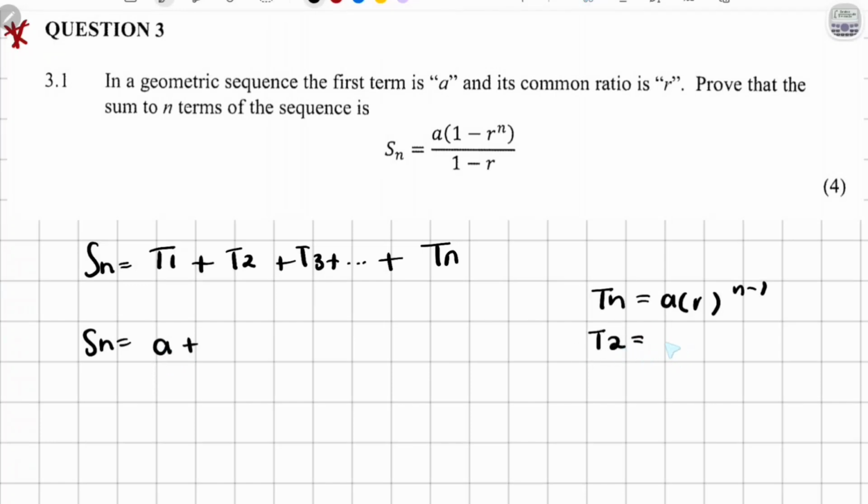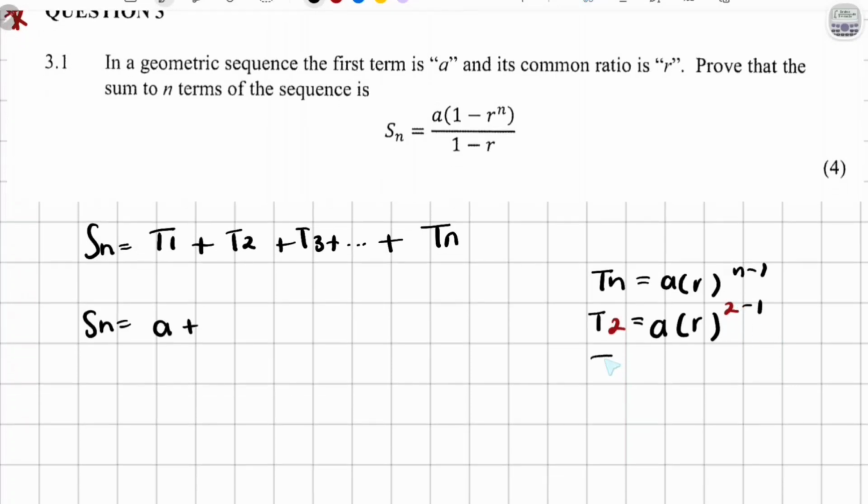But term 2 is equal to a multiplied by r raised to the power of, in place of n, we're substituting 2 because we're trying to find what term 2 is. So 2 minus 1. 2 minus 1 is 1. So term 2 is actually equal to a multiplied by r raised to the power of 1, which you don't have to write. So it's really just a multiplied by r, which I'm just going to write as a times r.